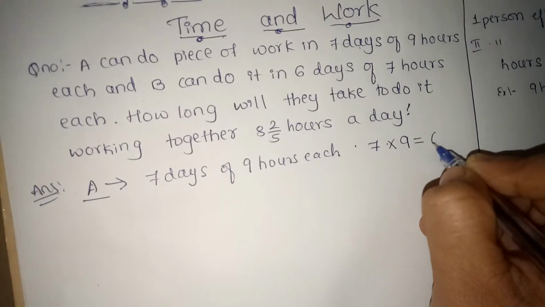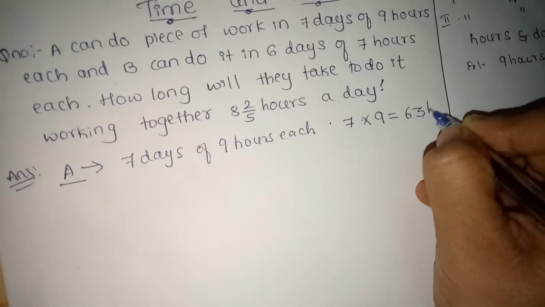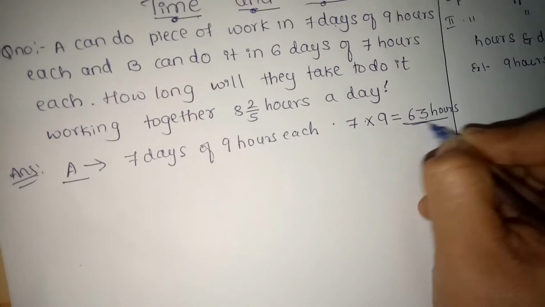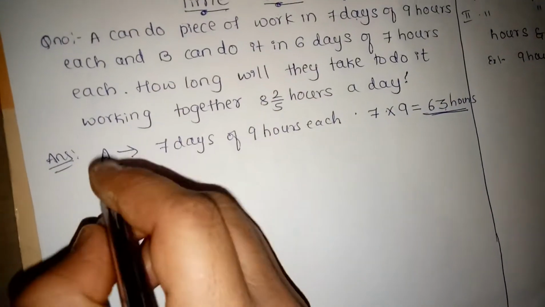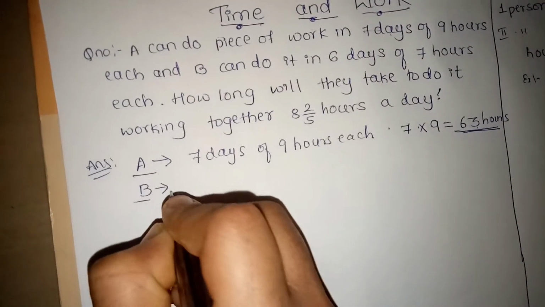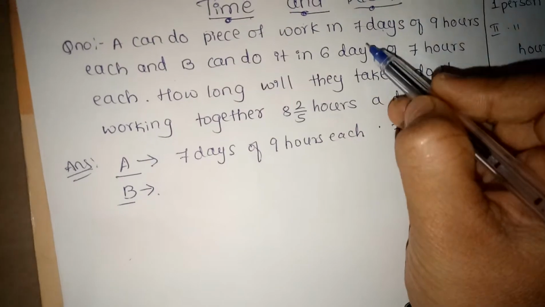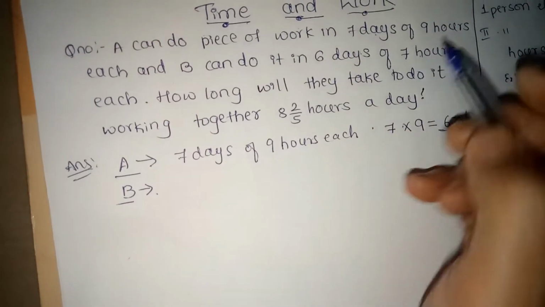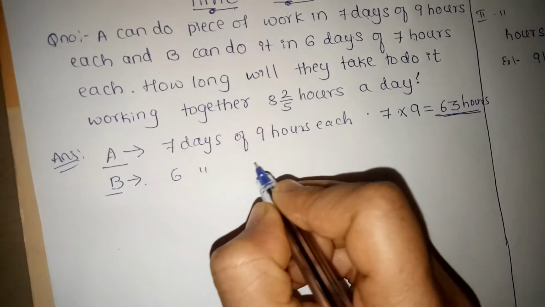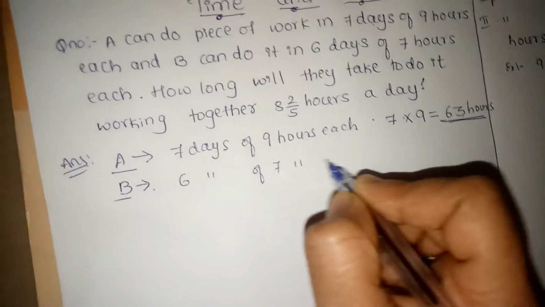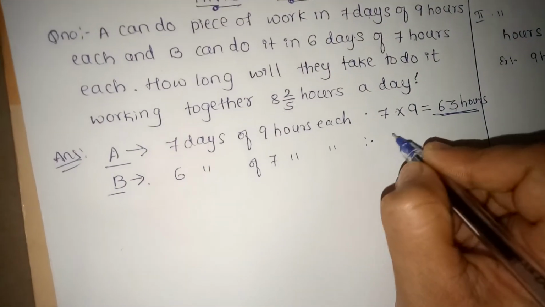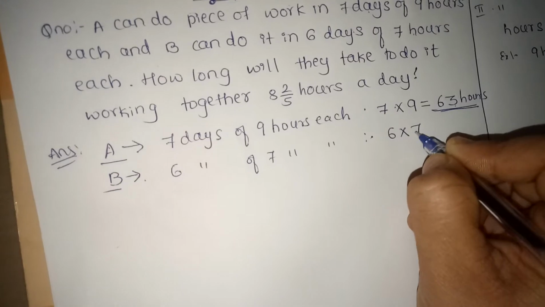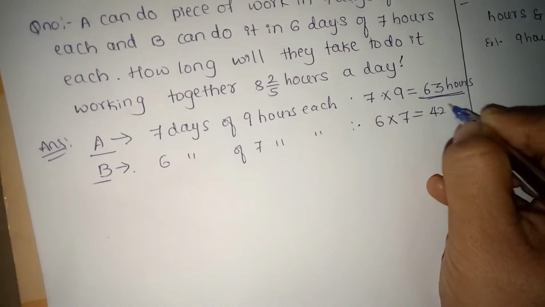Totally how many hours does he require? 63 hours to complete one work. In the same way, B can do it in 6 days of 7 hours each. So 6 into 7 hours, that means 42 hours.